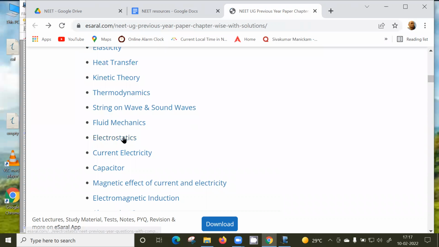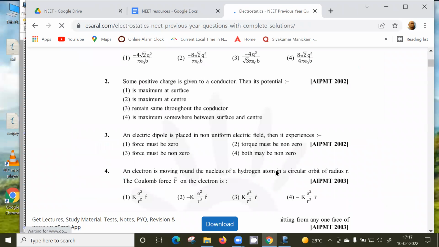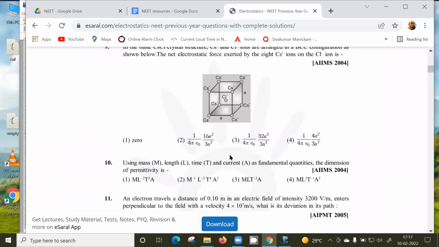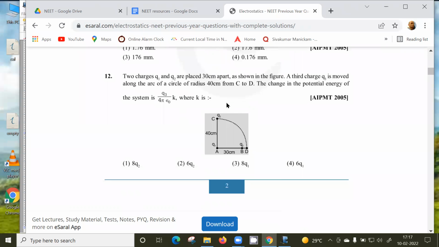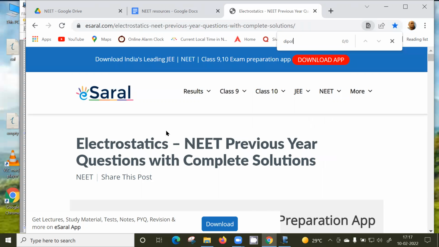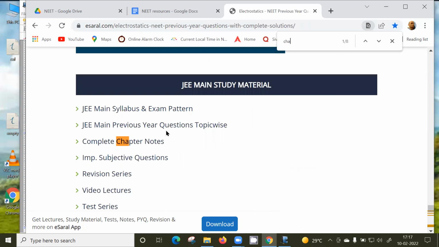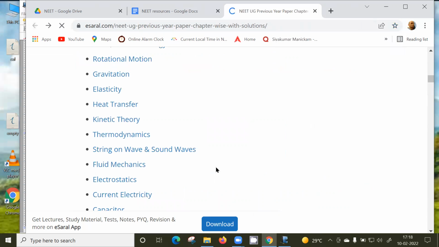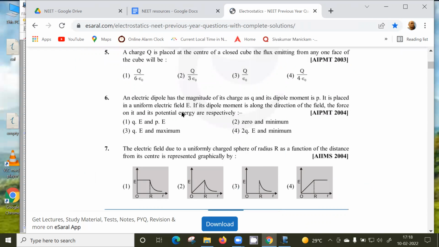Just a minute. Here, electrostatics. Okay, a problem with charges Q and a diagonal placed in a uniform electric field.